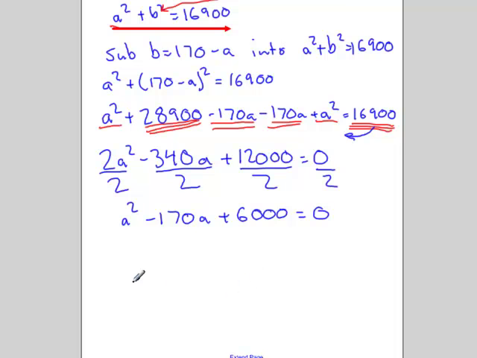I'm now looking for factors of A. It's a simple trinomial, so I know it's going to end up having this form. The first sign is negative, and the second sign is positive, so I know both the signs are the same. I now need to find two numbers that multiply to get 6,000 and add to get 170.